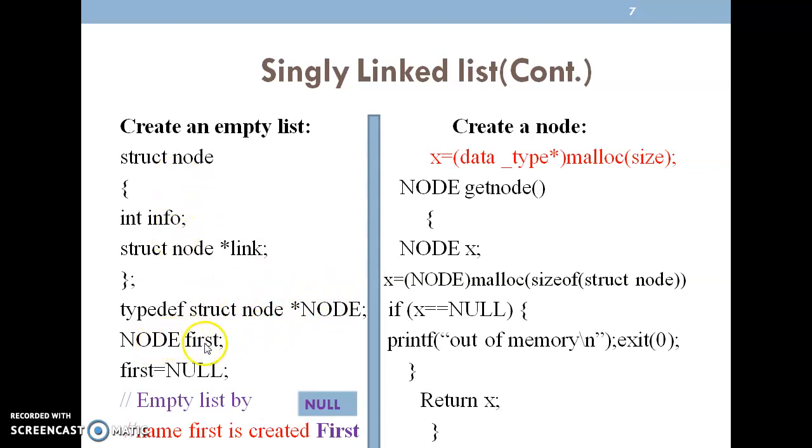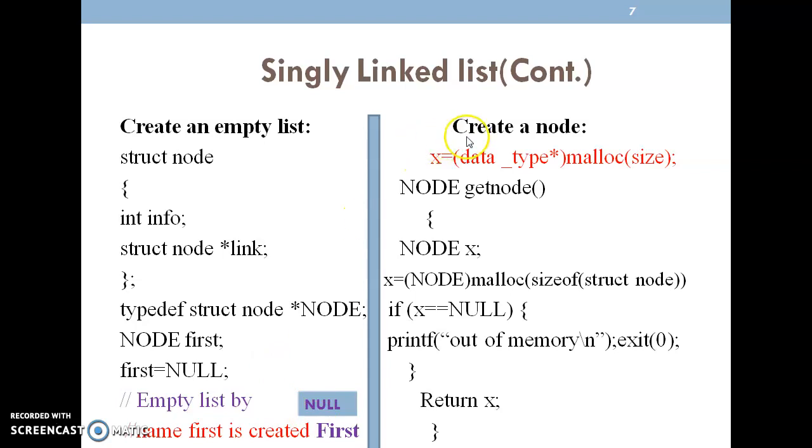So Node first is a variable. The first variable holds the address of the first node. If first equal to null, the first variable is null, which means the empty list is created. The name of the empty list is first.